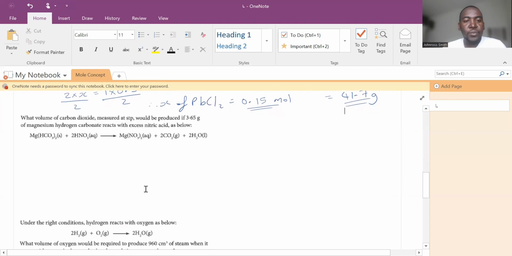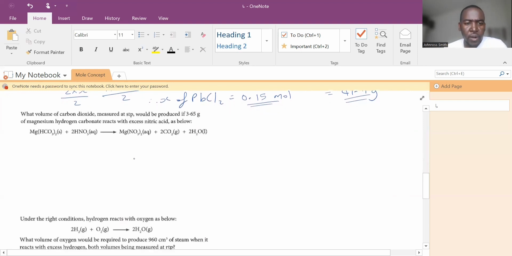All right, so our next one, what volume of carbon dioxide at STP would be produced if 3.65 grams of magnesium hydrogen carbonate reacts with excess nitric acid as below.